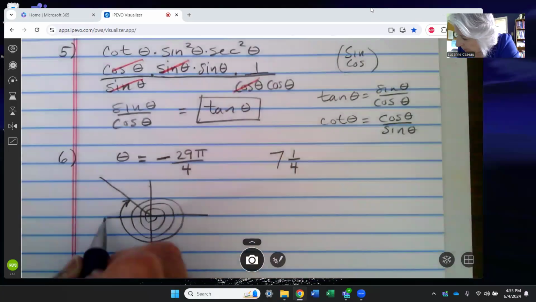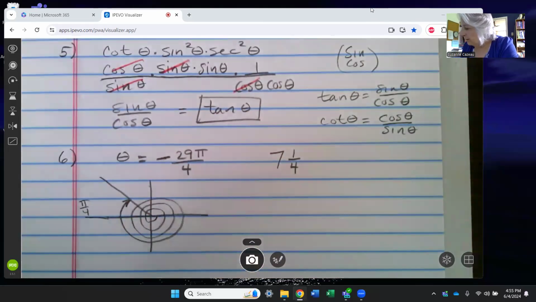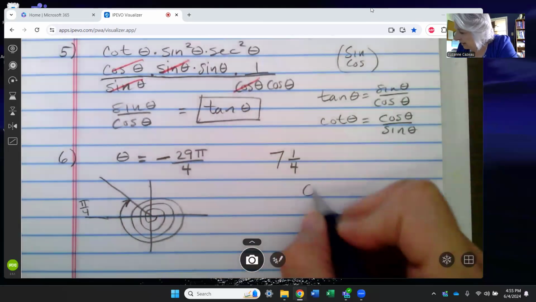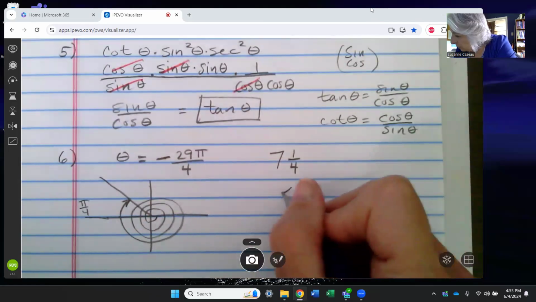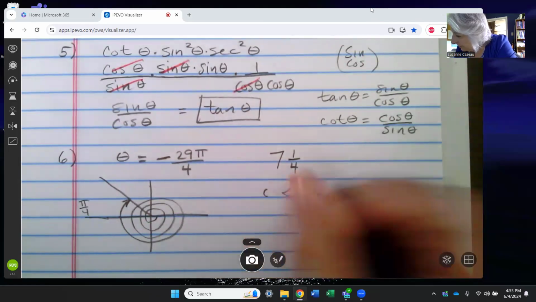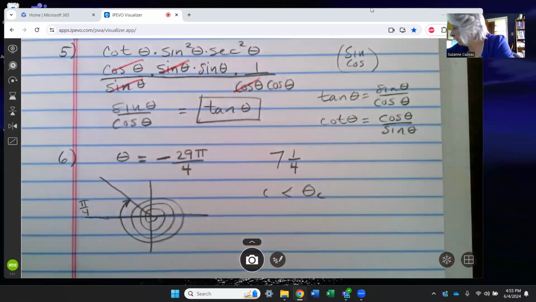And now this angle in here is pi over 4, right? But we want theta sub c. Theta sub c is the one that's in between. Actually, this should be an or equals. Where's my eraser? I don't have an eraser.